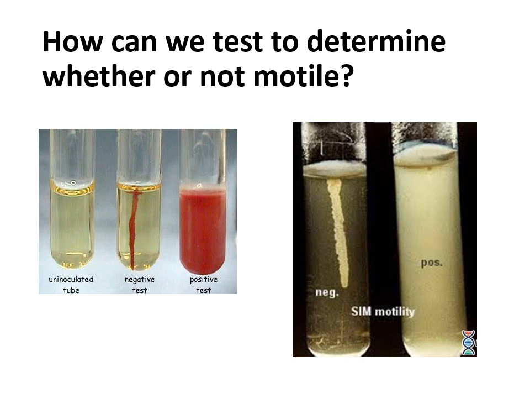So make sure you're very clear on what it looks like if a bacterium is non-motile, such as right here and right here, or if it's motile, which are the end tubes on the right of each picture. So you see cloudiness, you do not see a single line.